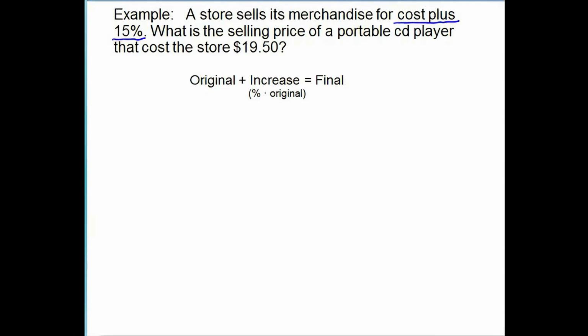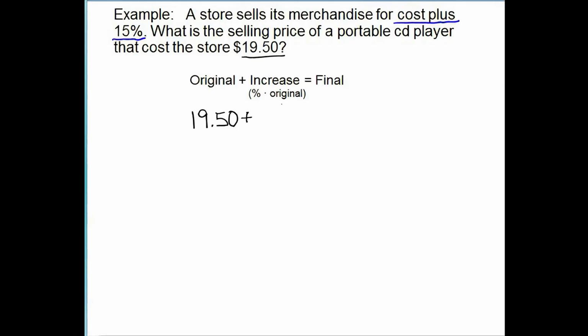So let's plug in what we know. Originally, it cost the store $19.50. So we'll plug that in. For the increase, we don't know the dollar amount, but it's 15% of $19.50.